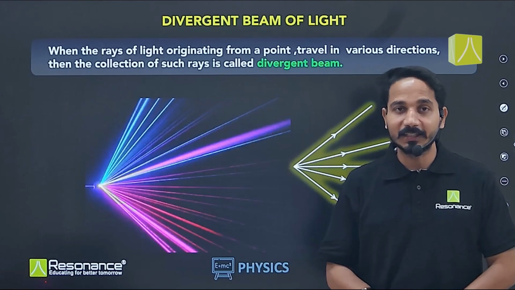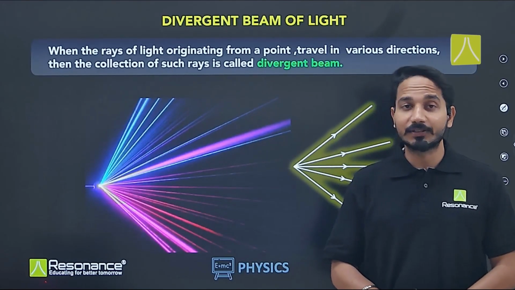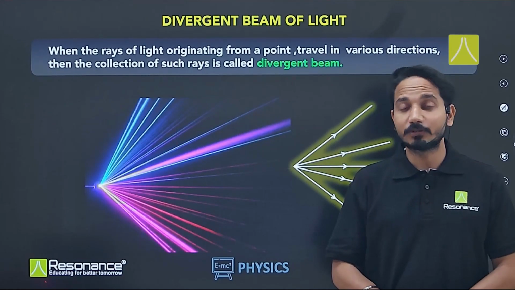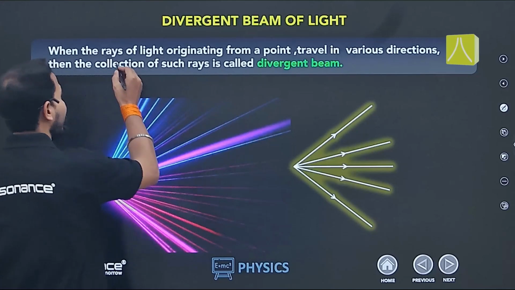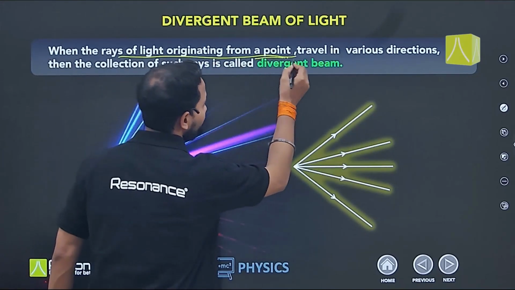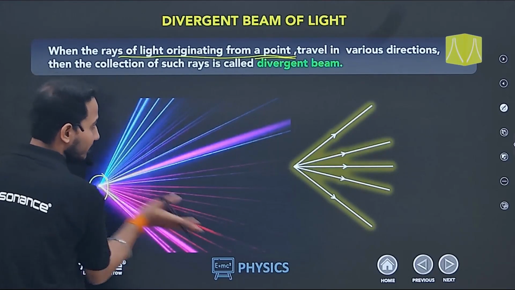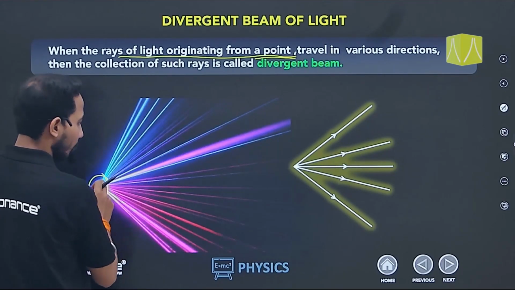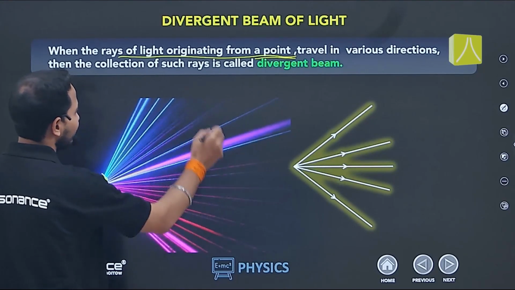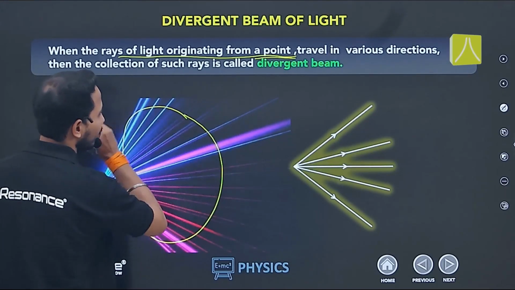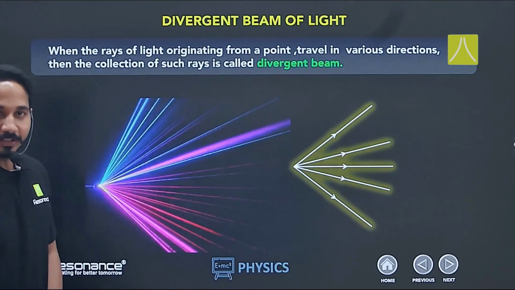We can define it as: when rays of light originating from a point travel in various directions, not in a single direction, then the collection of such rays is called a divergent beam, right?